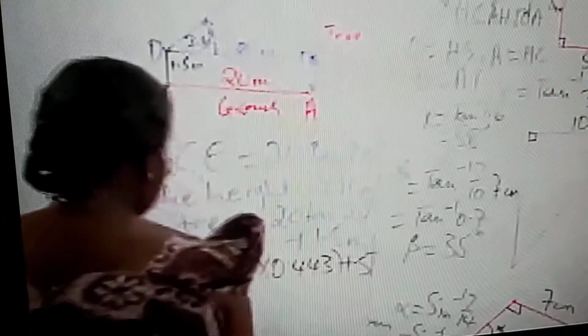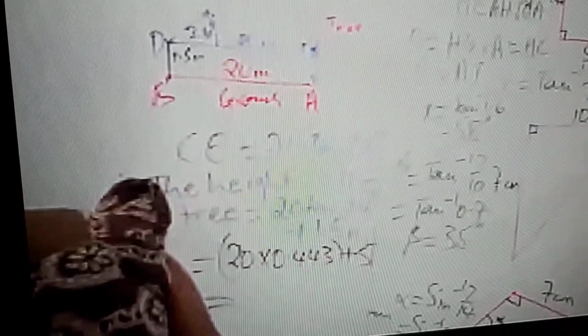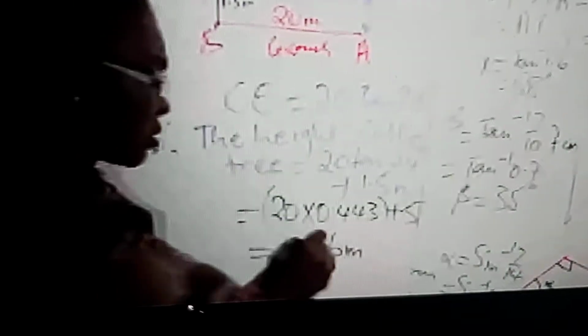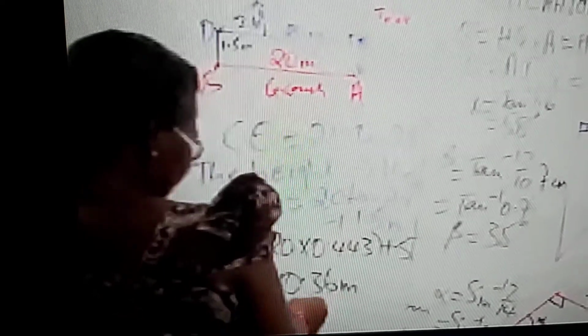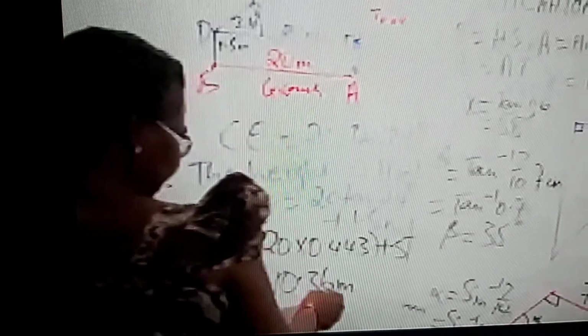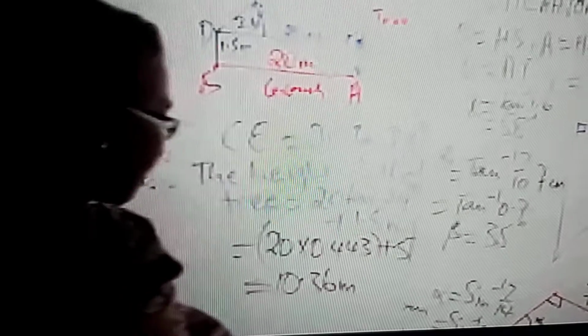So this will give us 10.36 meters. Then again, read your question carefully. The question asked, you are supposed to give your answer to the nearest meter. 10.36 to the nearest meter is almost what? 10.5.